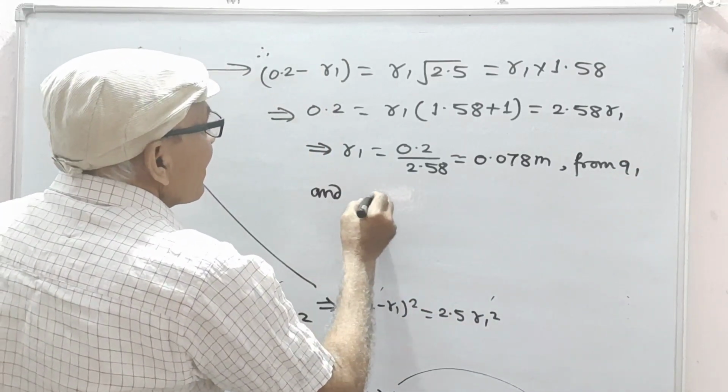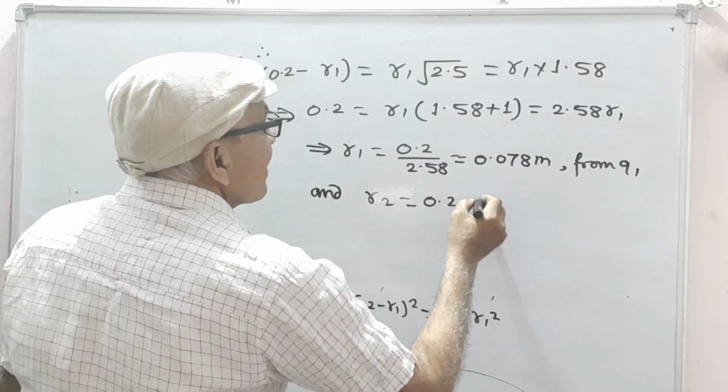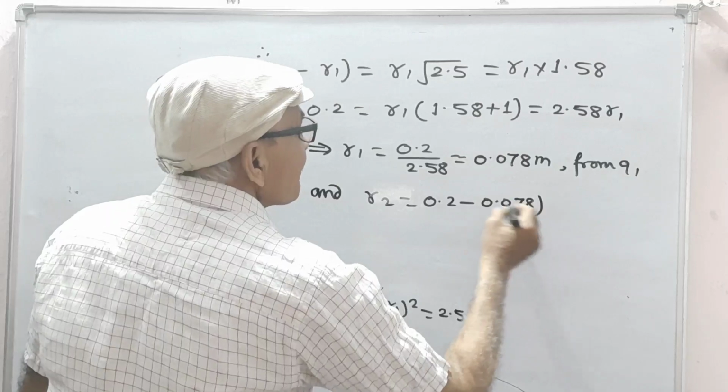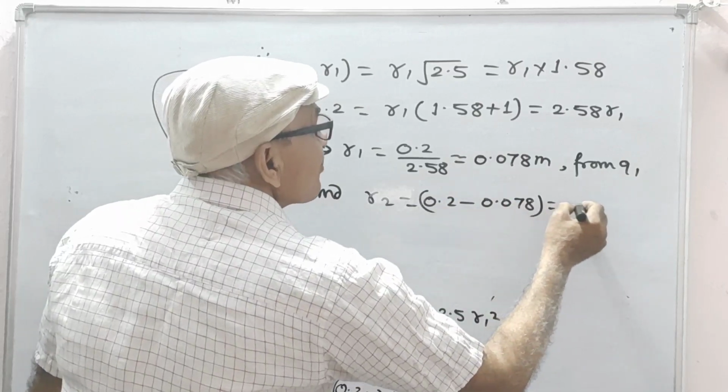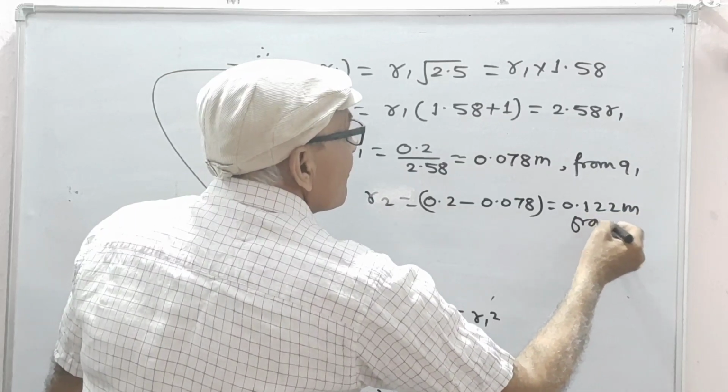Therefore r2 will be equal to 0.2 minus r1, that means 0.2 minus 0.078 is equal to 0.122 meter from q2.